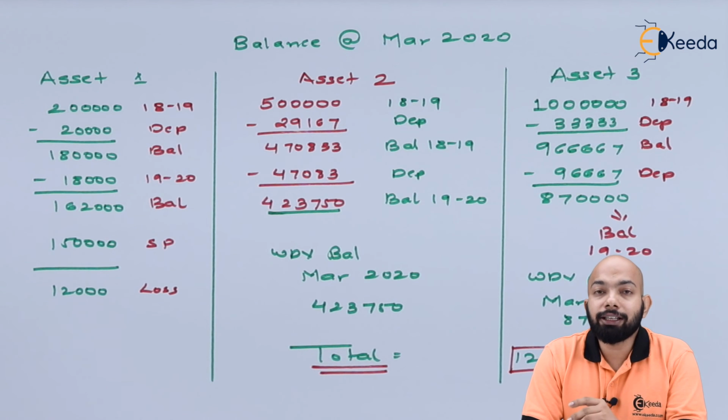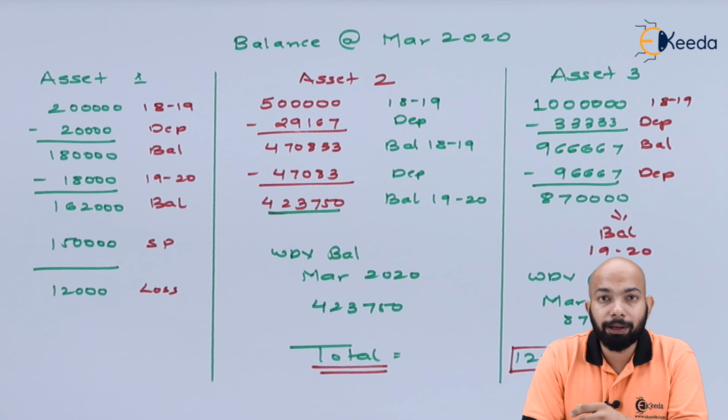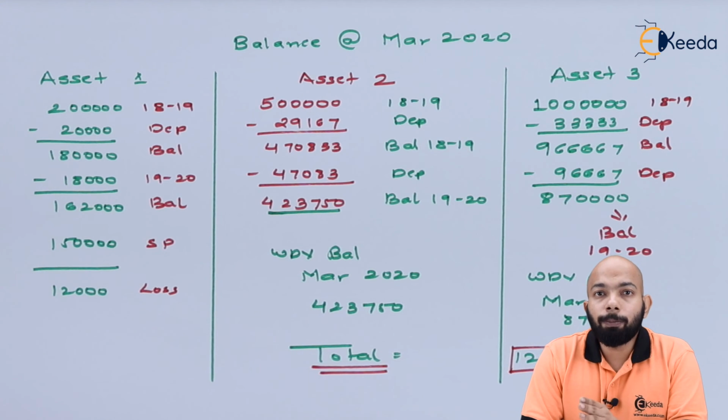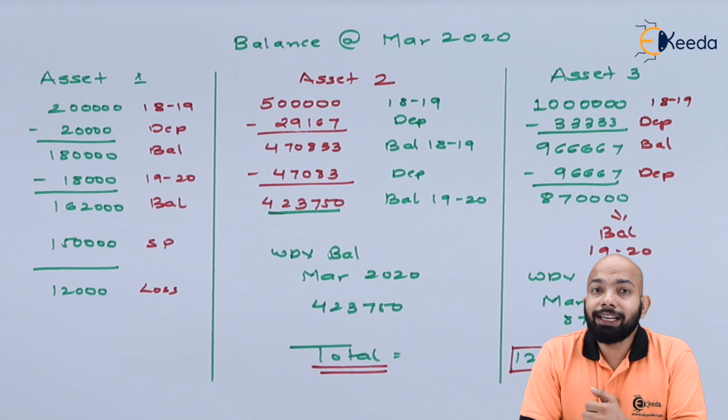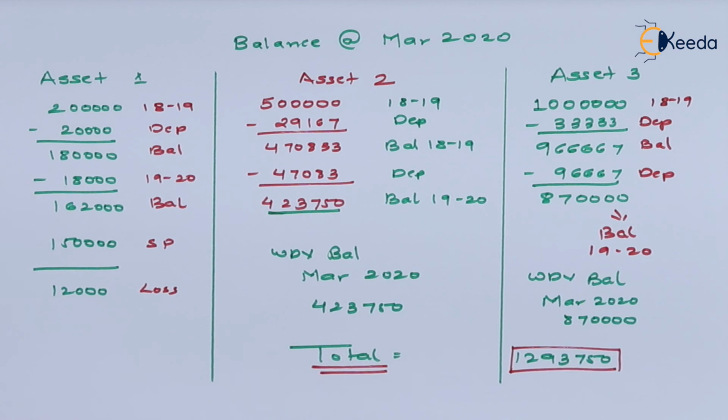Now the balance for year 18-19 is 9,66,667 rupees. Now this will be the opening balance for the year 19-20. Going further, we'll have 10% depreciation on this, which will give you a balance of 8,70,000 at the end of the financial year 19-20.